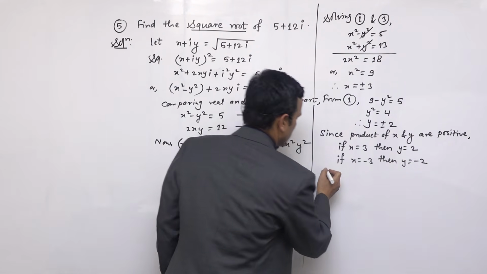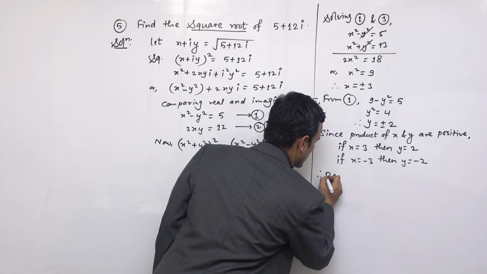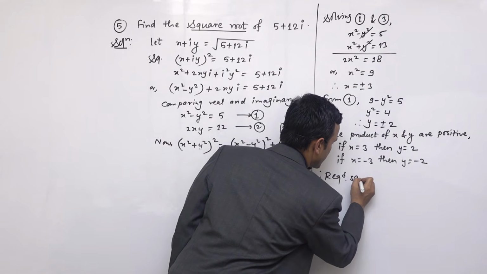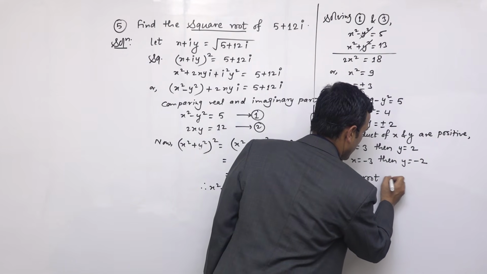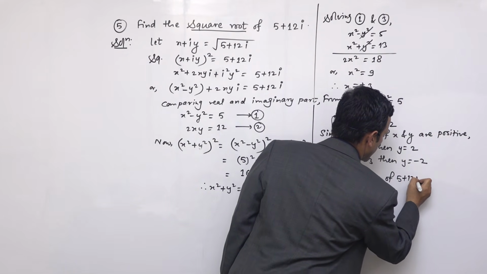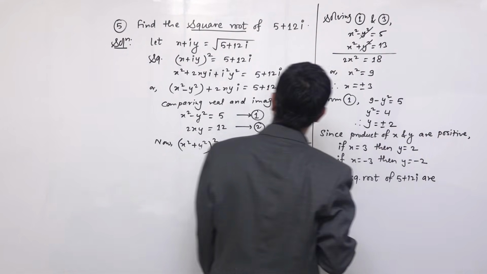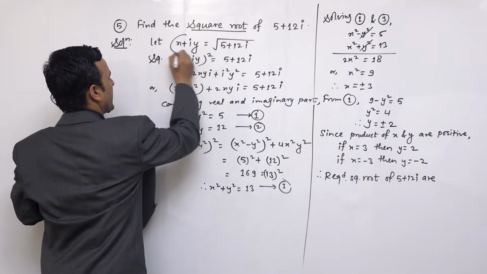So therefore the required square root of 5 plus 2i are, so we can put over here.